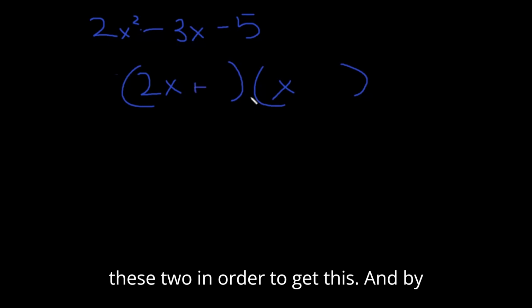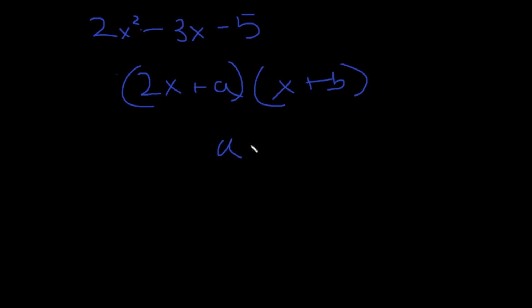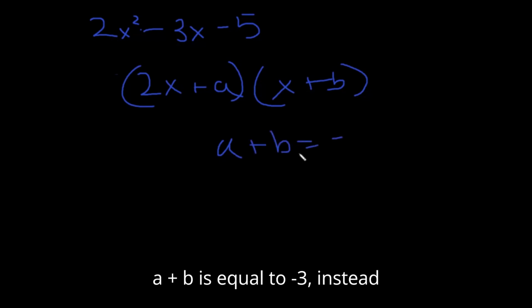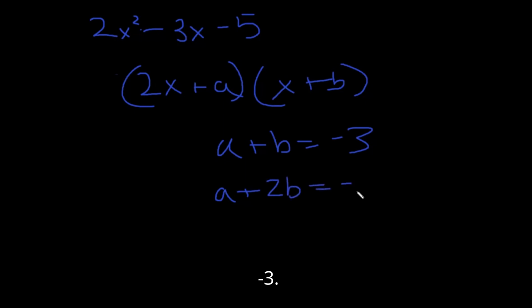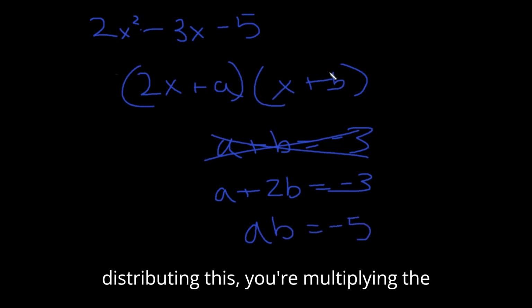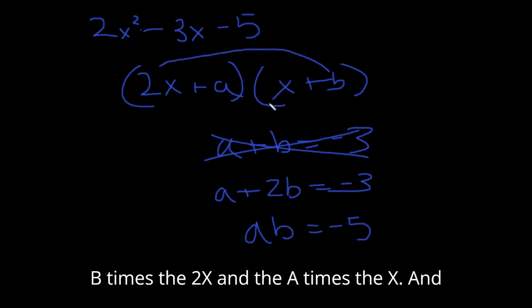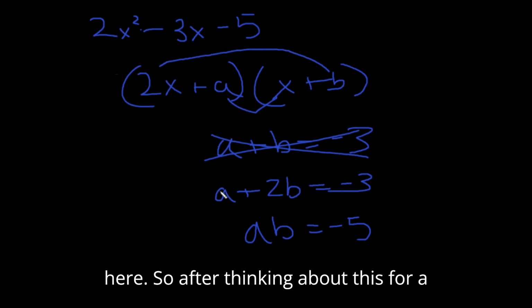And by saying that these are a and b again, you can tell that it's not just a plus b is equal to negative 3. Instead, it has to be a plus 2b is equal to negative 3. And ab is equal to negative 5. Because when you're distributing this, you're multiplying the b times the 2x and the a times the x. And this b gets multiplied with this 2 here.